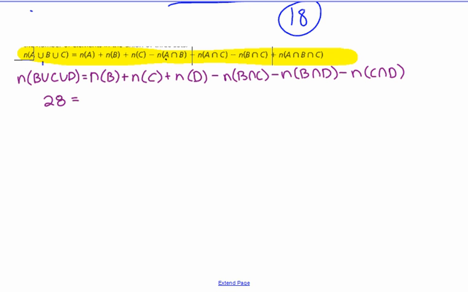Because we've subtracted off the middle one too many times, we have to add the intersection of bird and cat and dog.